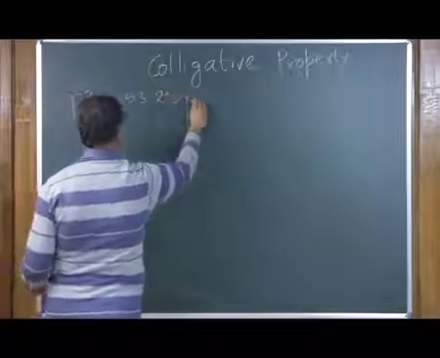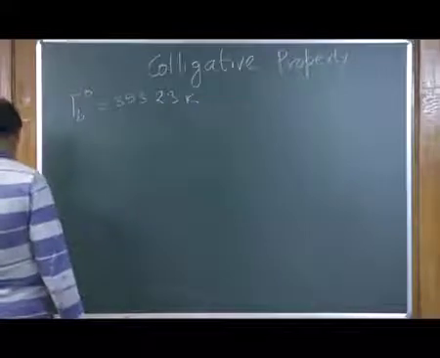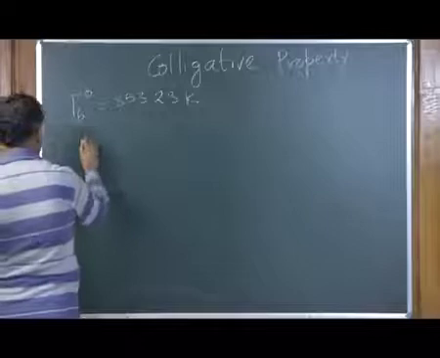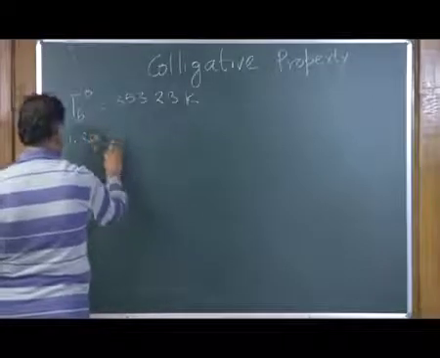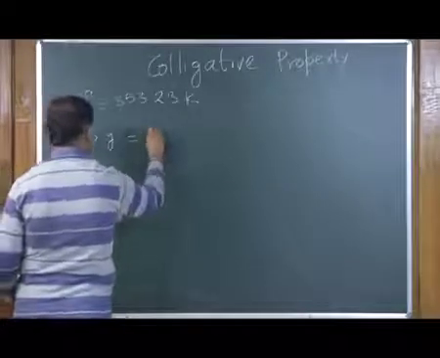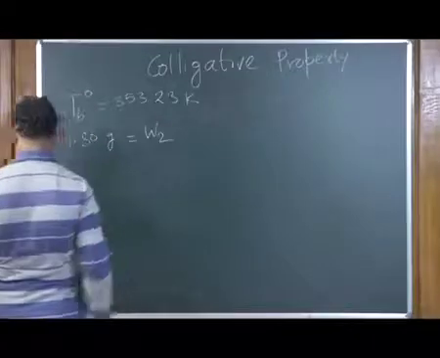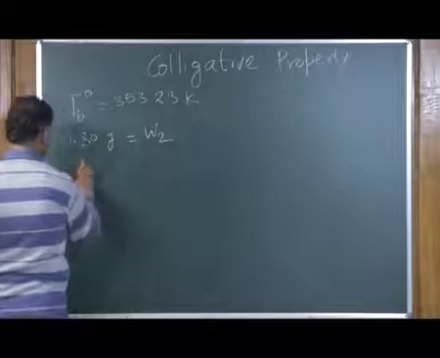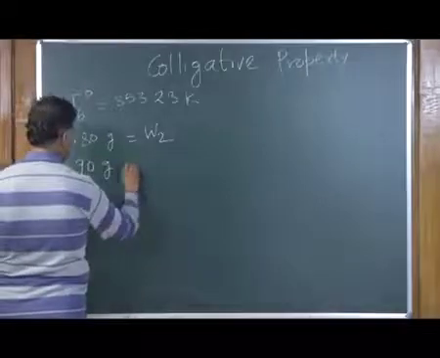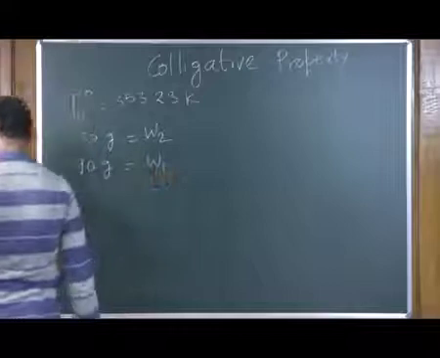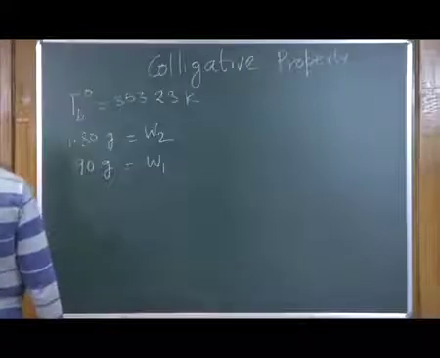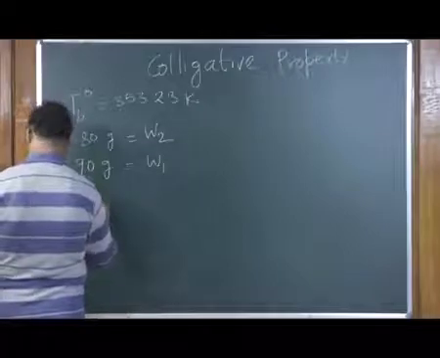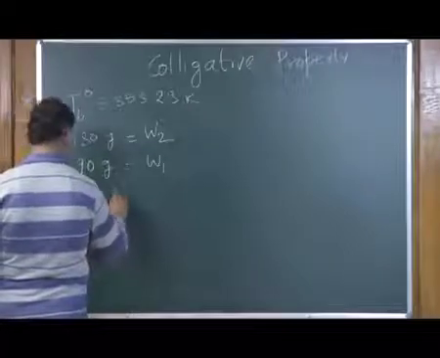When 1.80 gram of a non-volatile solute, that is the weight of the solute, is dissolved in 90 gram of benzene, that is the solvent, the boiling point is raised to 354.11 Kelvin.